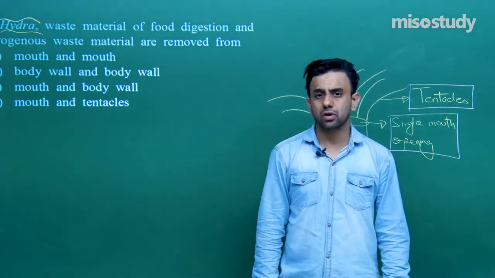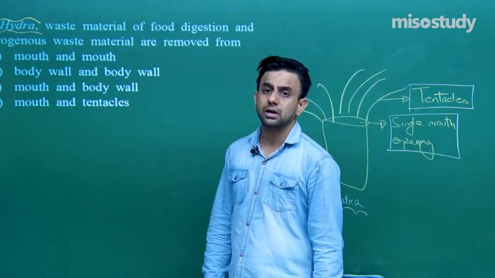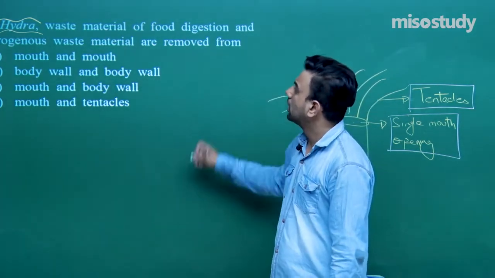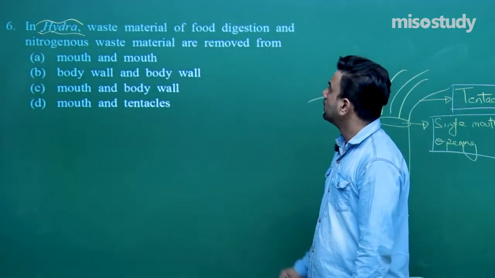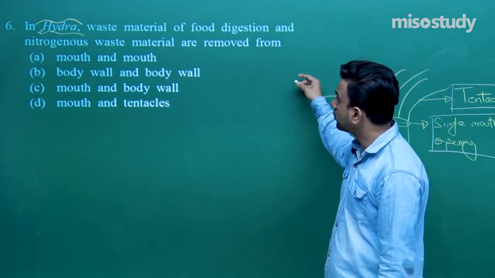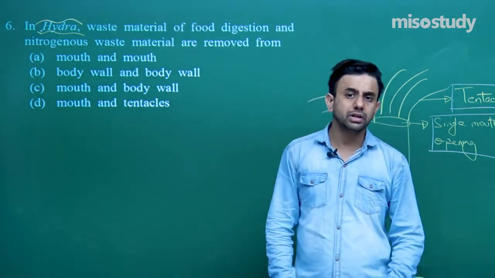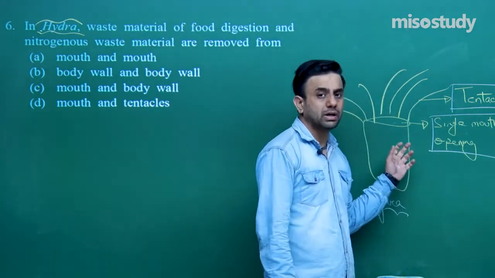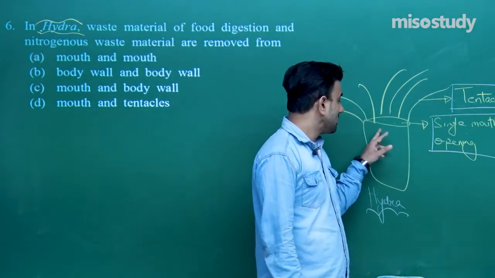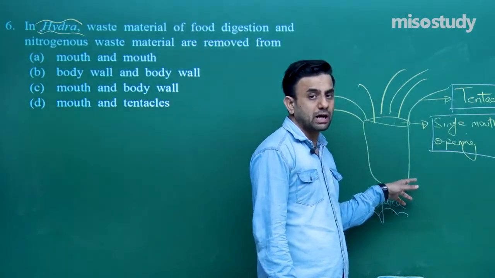And then, the waste material of food digestion and the nitrogenous waste: they have a single mouth opening, and there is no second opening in the form of an anus.